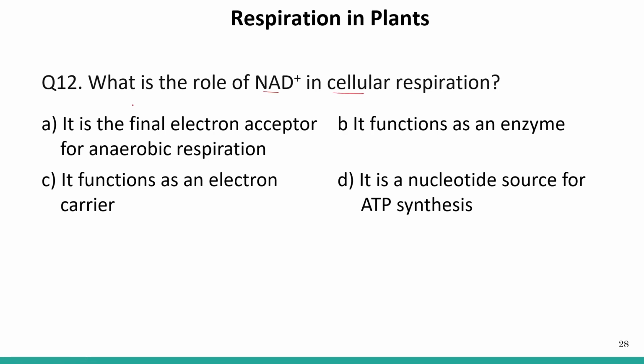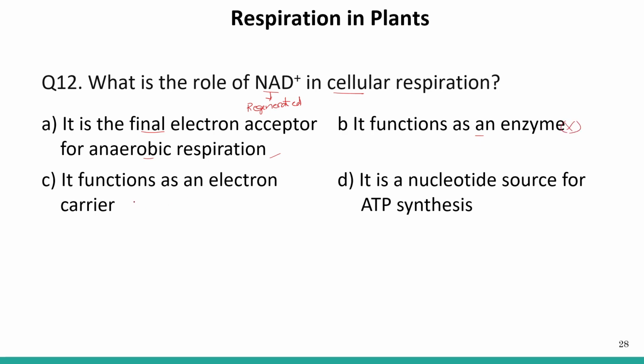The next question is, what is the role of NAD in cellular respiration? So options are, it is the final electron acceptor in the anaerobic respiration. But what happens during anaerobic respiration? NAD is produced. NAD is regenerated. Option B is it functions as an enzyme, which is wrong because it is a coenzyme.